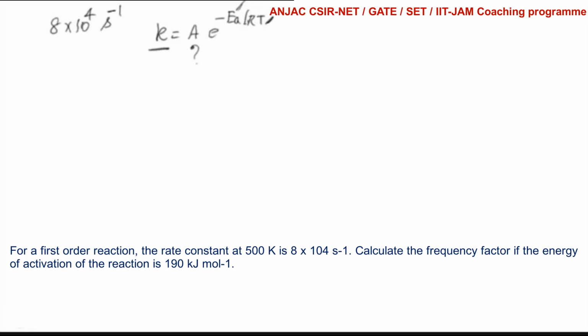Now take the common logarithmic equation. Log K is equal to log A minus EA by 2.3 RT. Not 2.3 by RT, EA by 2.3 RT. Now substitute the parameters, and here you should be very cautious.